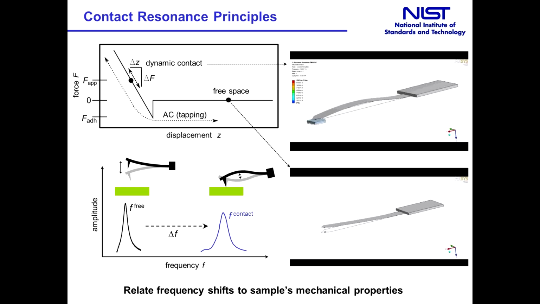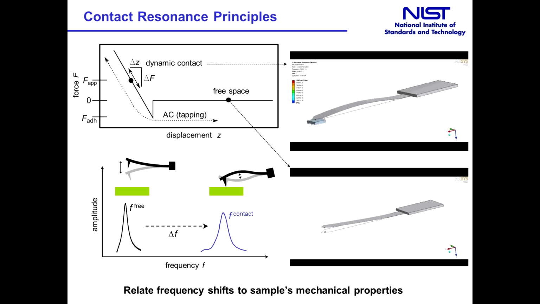When we bring the tip into contact with the sample at an applied static force, we're now over to the left on the force displacement curve. Here, the resonant frequency increases due to the elastic coupling between the tip and the sample. In this case, the resonant frequency is 52 kilohertz.